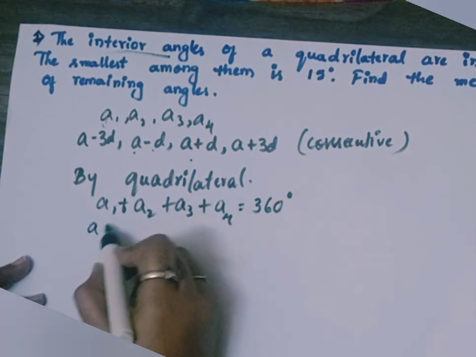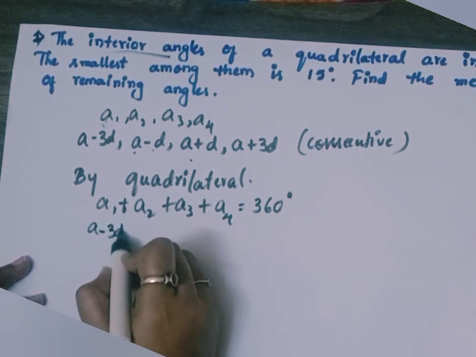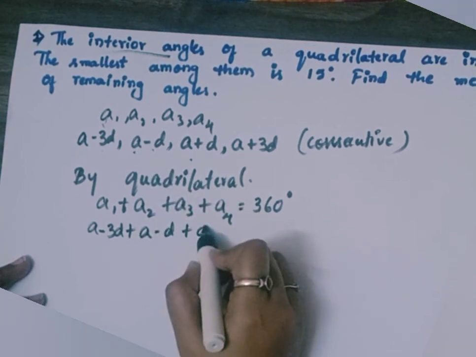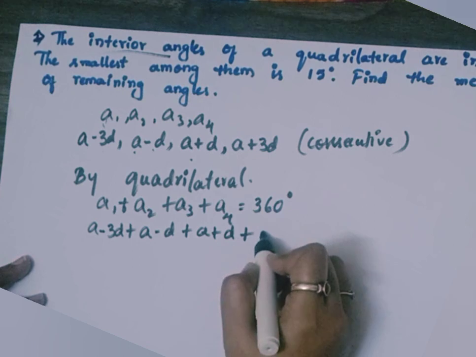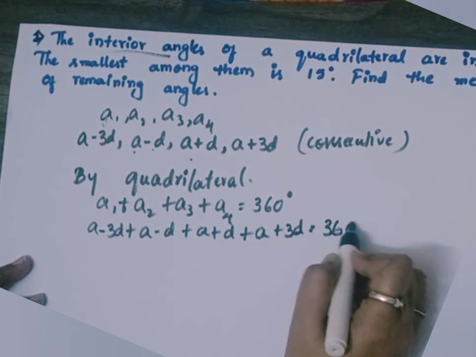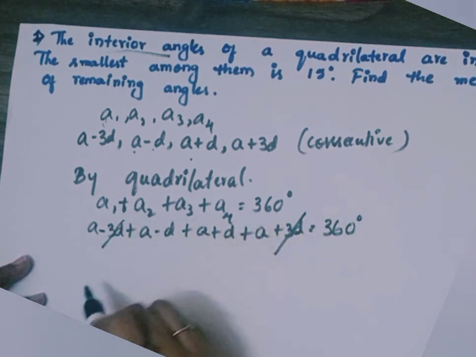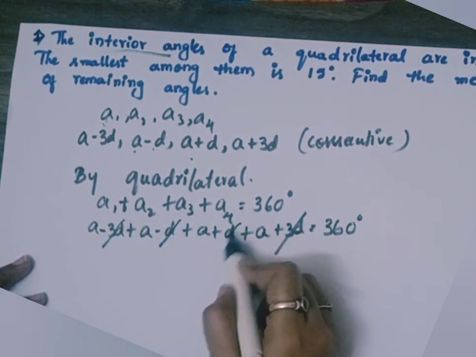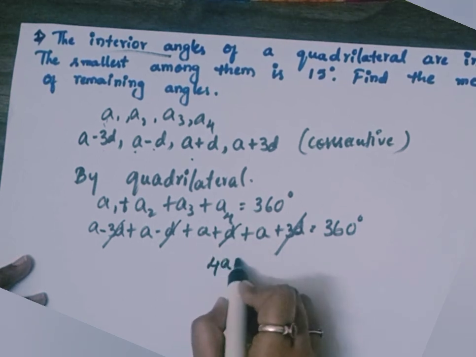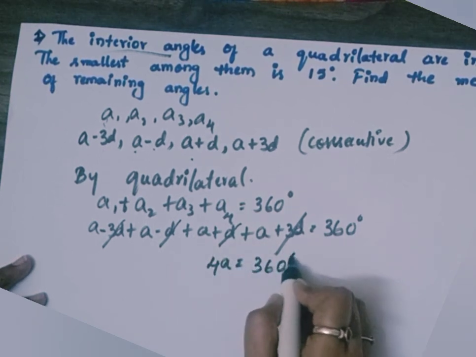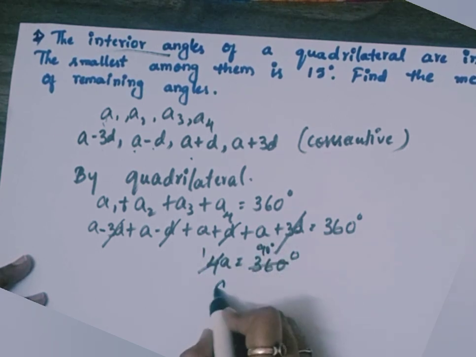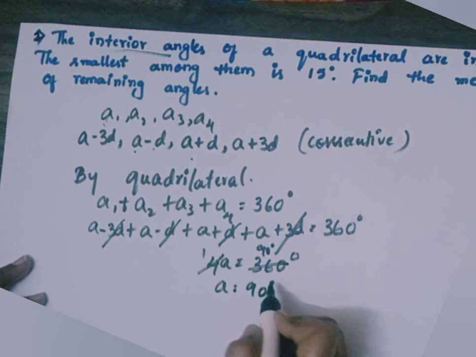Substituting, a minus 3d plus a minus d plus a plus d plus a plus 3d is equal to 360. The 3d and minus 3d cancel, and plus d minus d cancel. So we have 4a is equal to 360. Dividing by 4, 4 nines are 36, we get a is equal to 90 degrees.